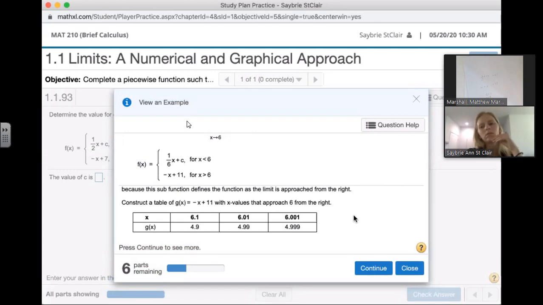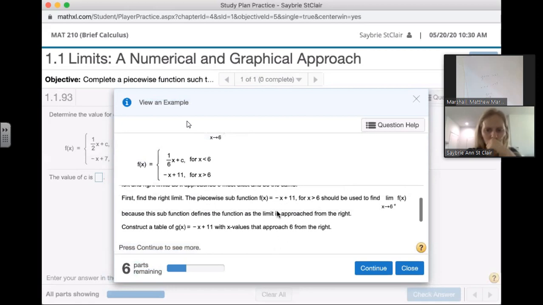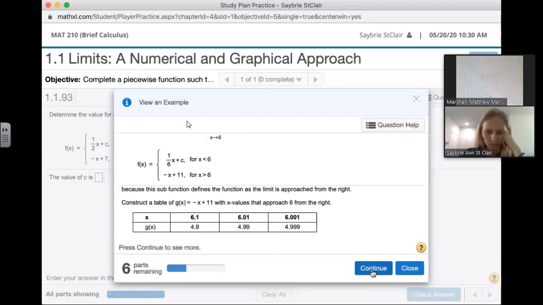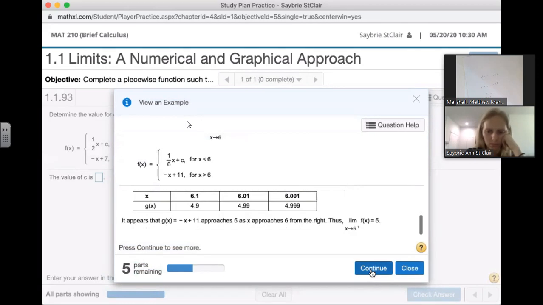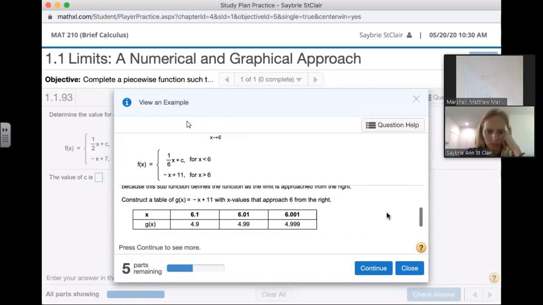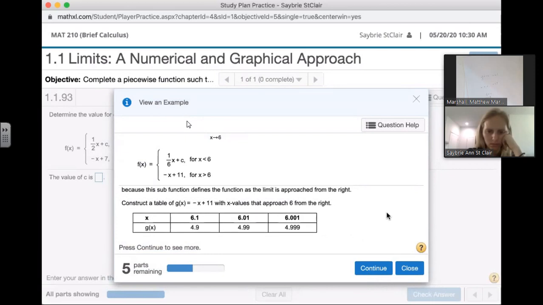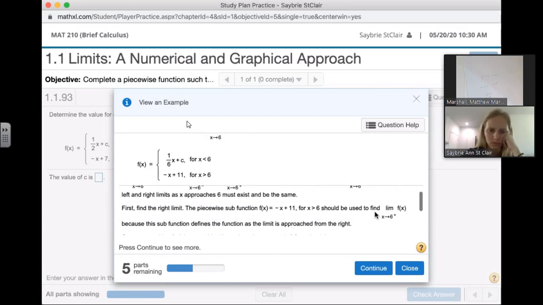So they're plugging in 6.1, 6.01, 6.001. Take a picture of that. Hey, go up a little bit. Does it scroll down?